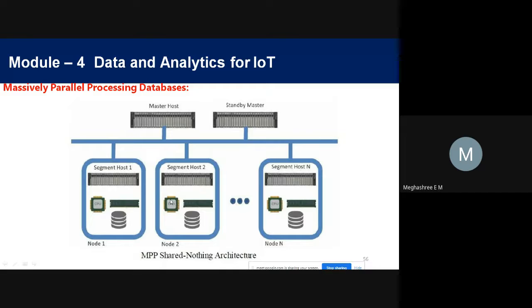And it operates in a shared nothing fashion, with each node containing local processing. You can see here, shared nothing. The resources are not shared here. Each node has its own processor, memory, and storage, and they operate independently.